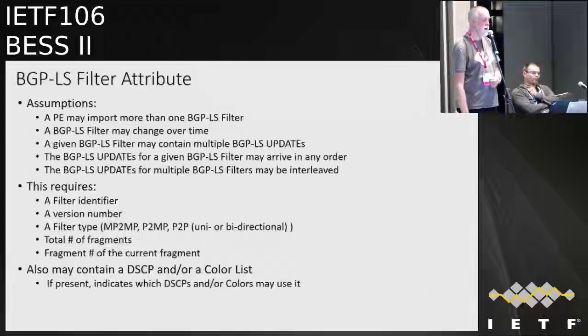The filter attribute, we assume that a PE may support multiple BGP-LS filters, so one PE can give access to multiple VPNs of different types, and the filter may change over time as nodes get added or removed, and as the core changes.